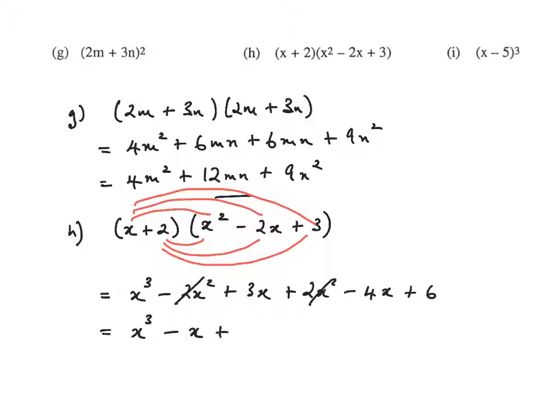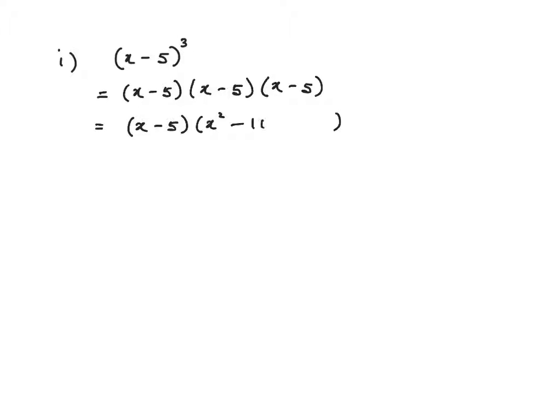Minus x plus 6. X minus 5 cubed, so what we'll do is we'll leave the first bracket and then expand these two, so that gives me x squared minus 5x minus 5x, that's a minus 10x in the middle, and plus 25.